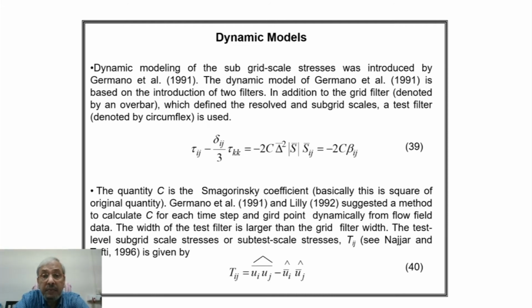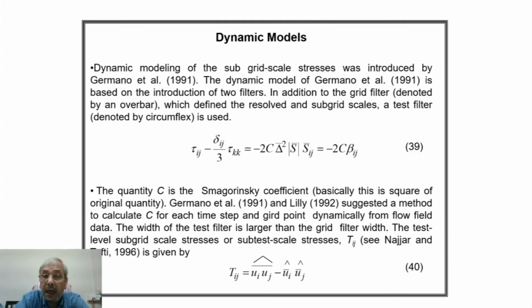Dynamic modeling of the subgrid scale stresses was introduced by Germano in 1991. The dynamic model of Germano is based on the introduction of two filters.